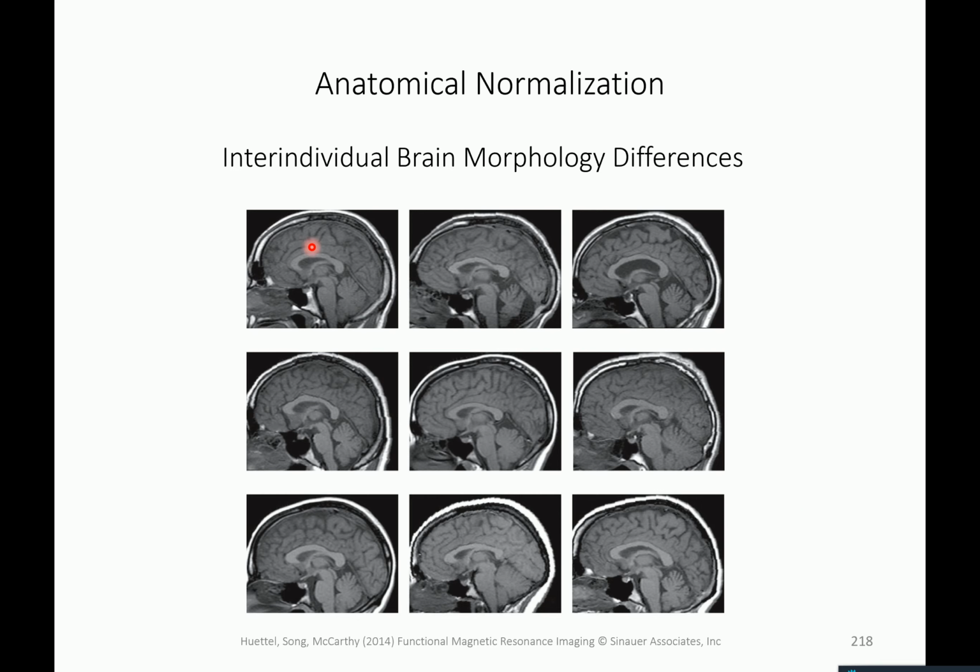Now, the problem is, even if you have these axes defined, if you want to do a group analysis, people are of different sizes and different shapes, and this, of course, also applies to their brains. So if you want to represent the activity of an entire group of participants on one single image, you need to make sure that each point in this image somehow represents each individual participant in a meaningful way.